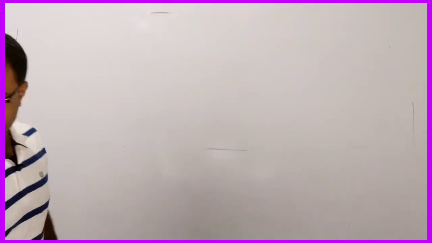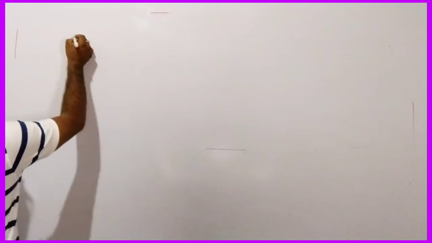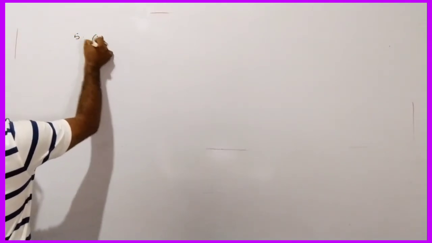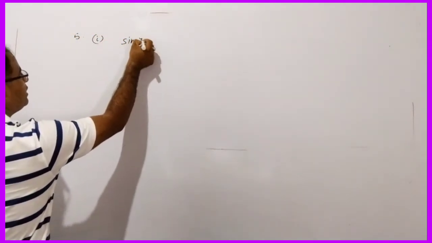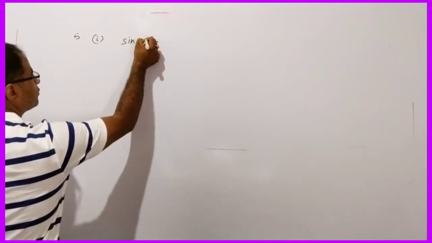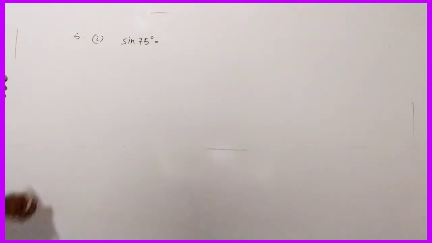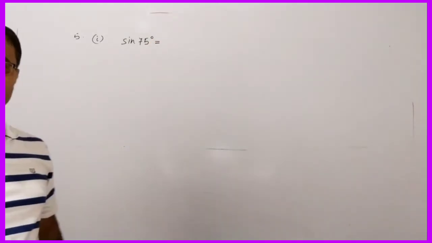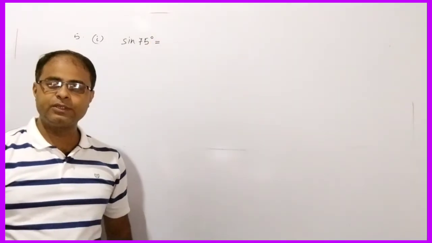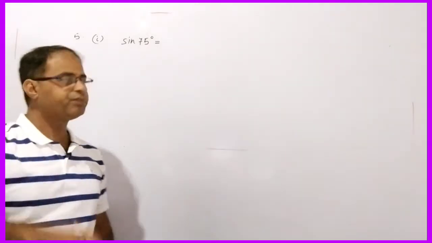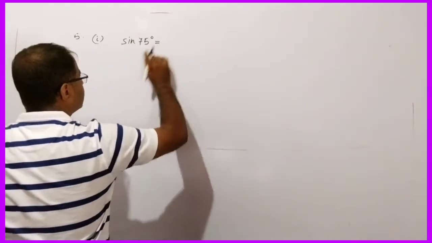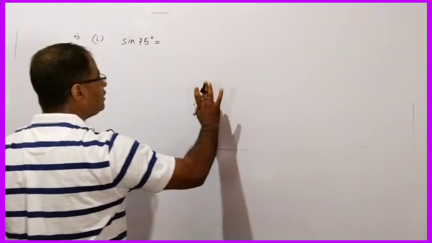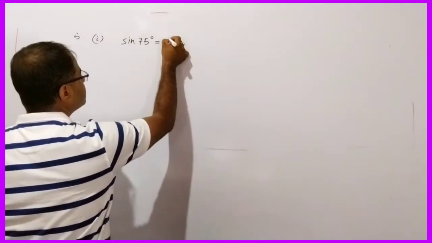Break the 75 degree into known values such as 30 degree, 45 degree, 60 degree, 90 degree. 75 is the summation of 45 and 30, right?